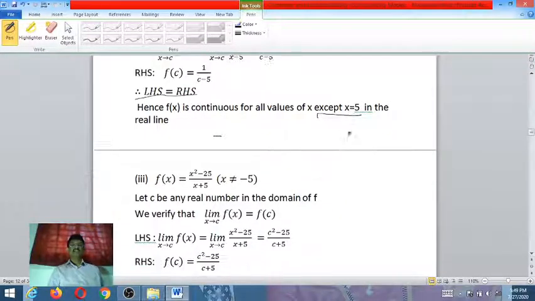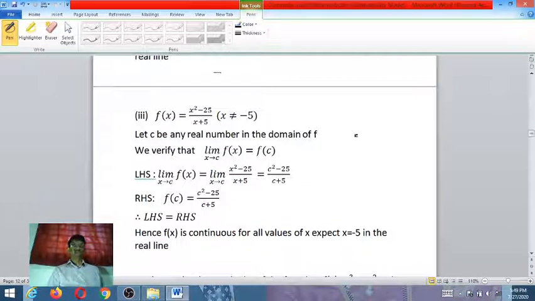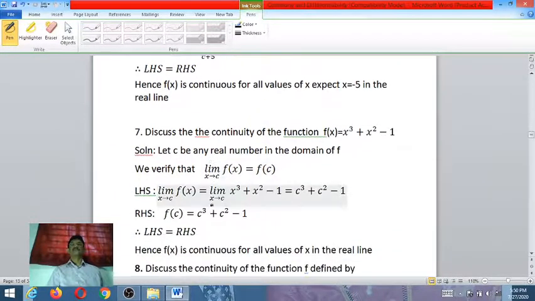Now solve this as homework. What is that problem? In a very similar way, f of x equals x square minus 25 divided by x plus 5, where x is not equal to minus 5. Similarly, you solve this problem, very similar to the last two problems.